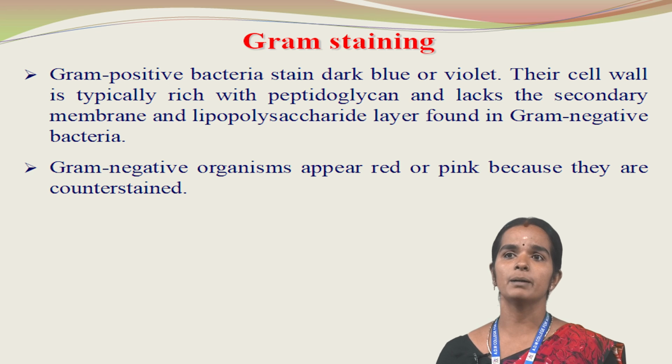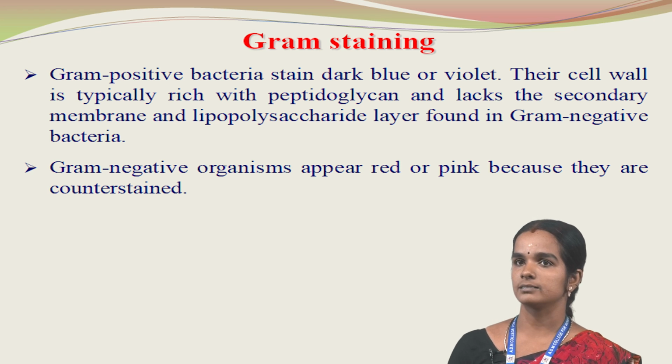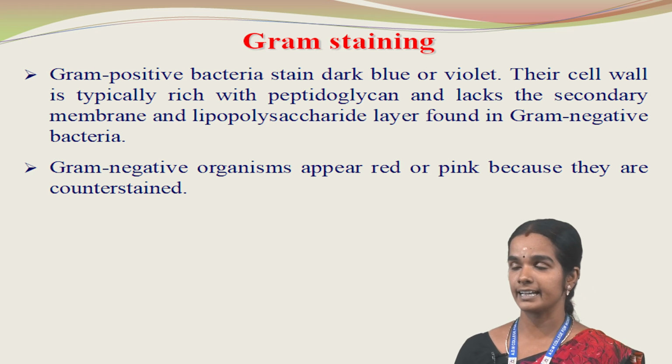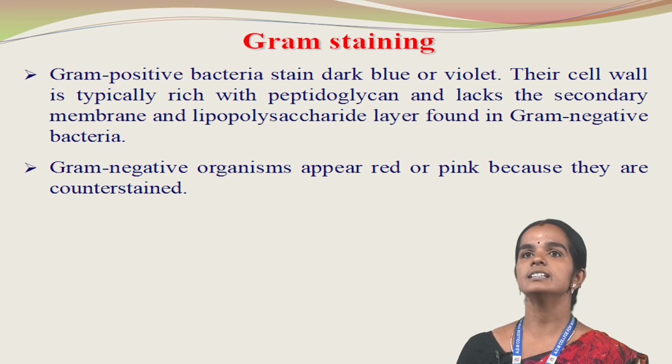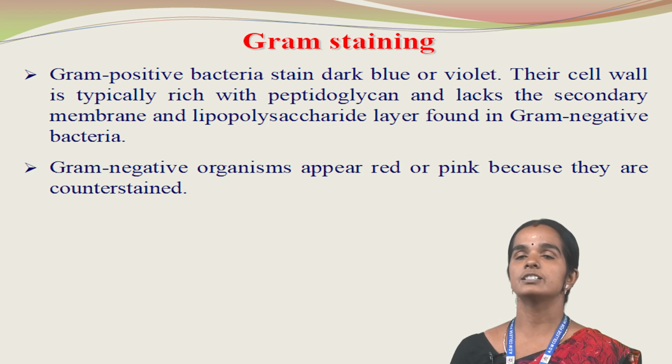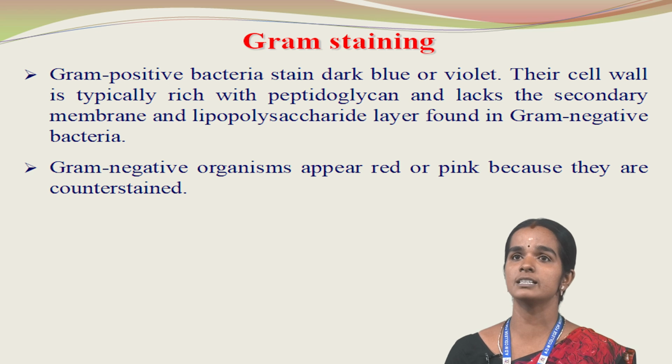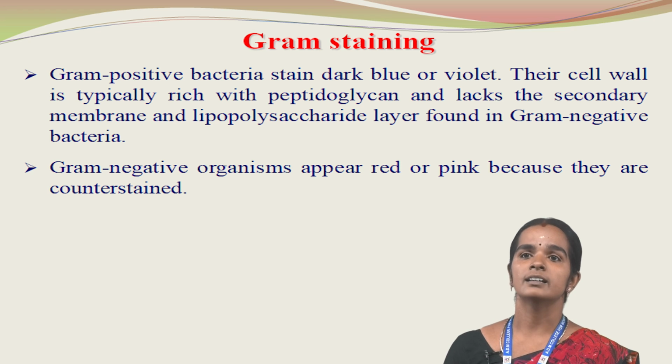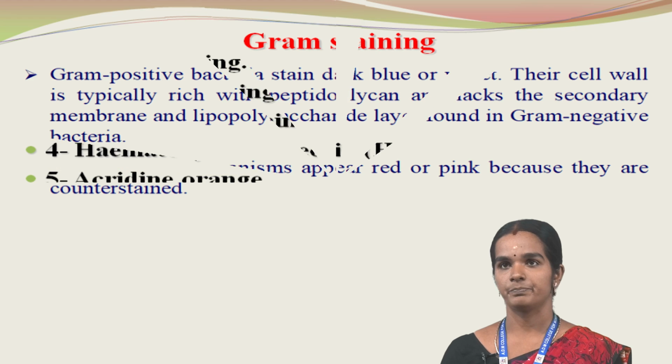Gram-negative organisms appear red or pink because they take up the counterstain. This is the structure of the gram-positive and gram-negative bacteria. The process contains five steps: fixation, crystal violet, iodine treatment, decolorization, and finally we counterstain with safranin.